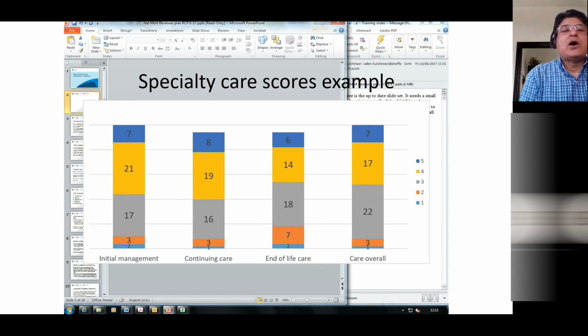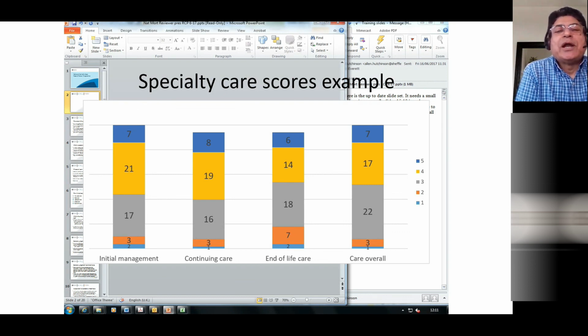scores will stand out in a graph or columns, for example. We know that excellent care is blue and the other ones are poor. So looking at it, we immediately know where the poor score is, where the excellent score is, where the normal good score is, and where the adequate one is.